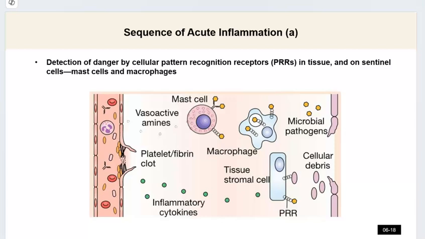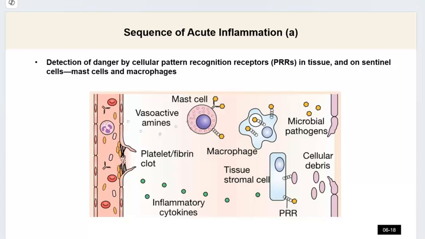So when you think inflammation, we think mast cells and macrophages. We also have something called sentinel cells that are there to help detect tissue damage and invasion. And when those all are working together, once acute inflammation happens, that will trigger the inflammatory cascade.